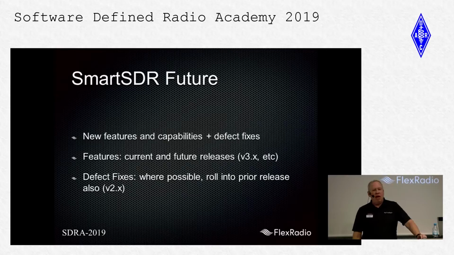Another thing we're looking at is machine learning. Have people here heard of machine learning? Where the machine does a lot of intelligent analysis of the data. We are essentially sampling all of the ham bands with a direct sampling receiver.